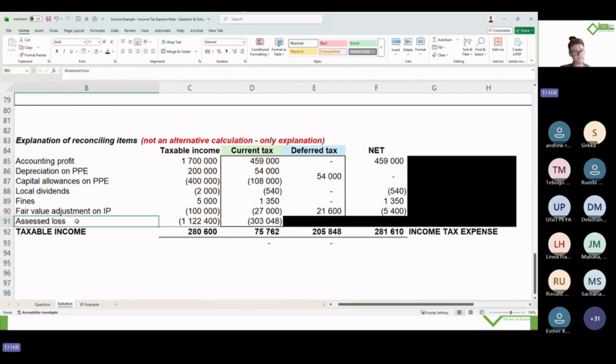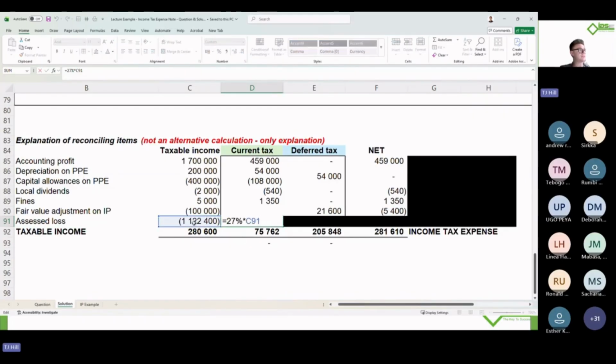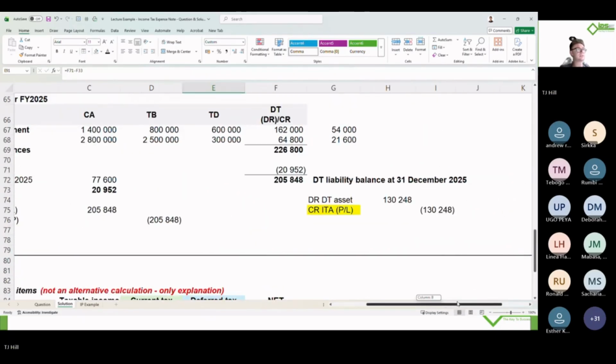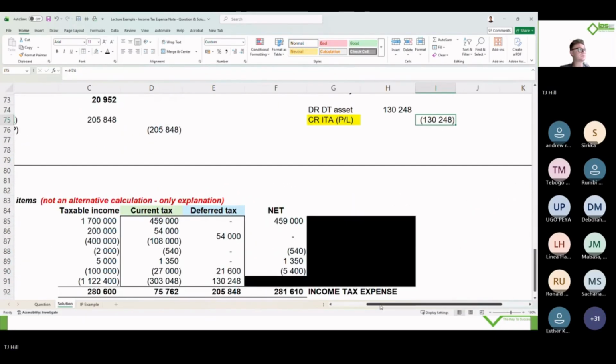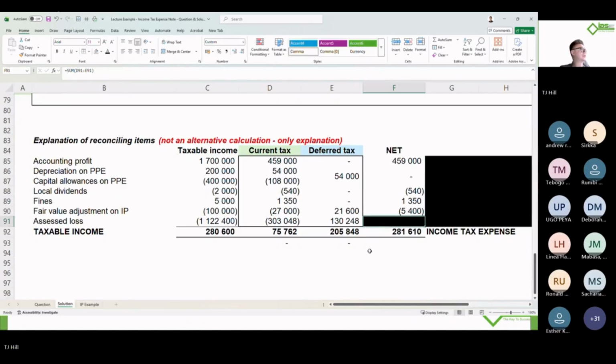Now, lastly, my assessed loss, I've accounted for 27% of it here, of that amount. In my deferred tax, I had this movement between the two. Okay. And that difference here, I was supposed to minus the 1. Okay. That difference here is giving me what?